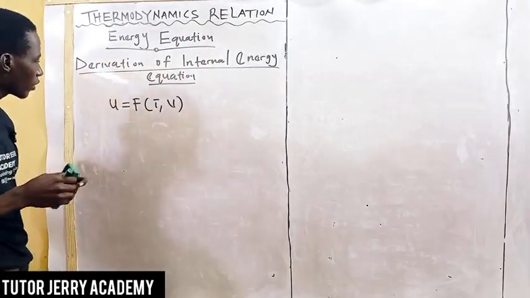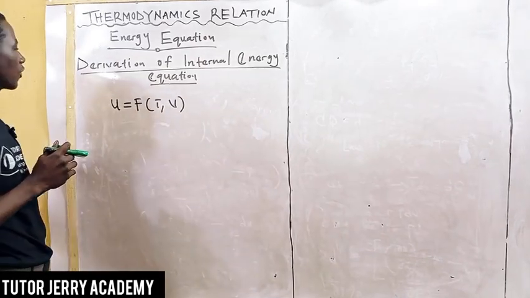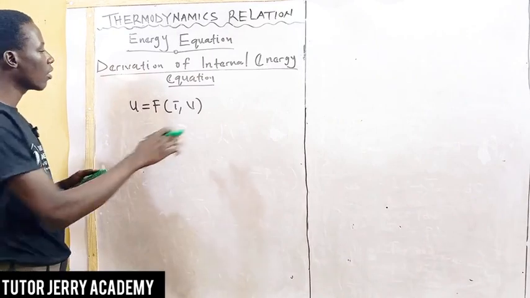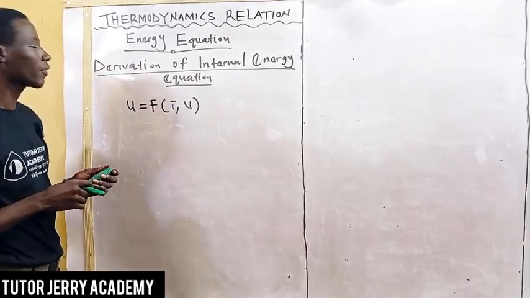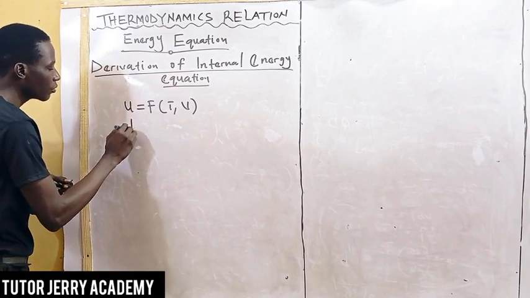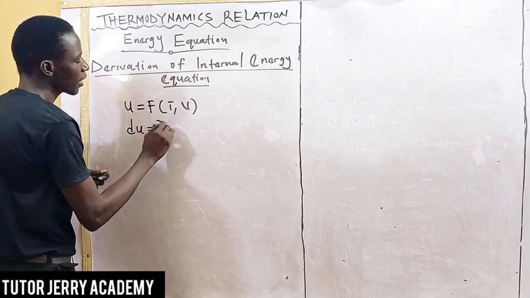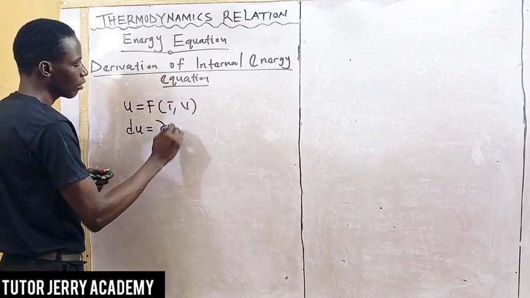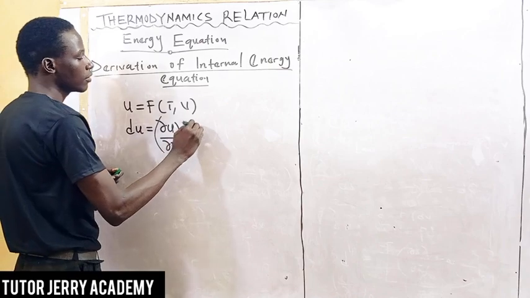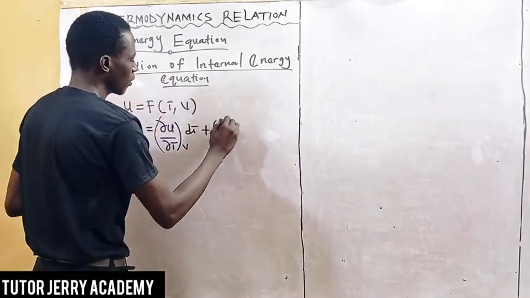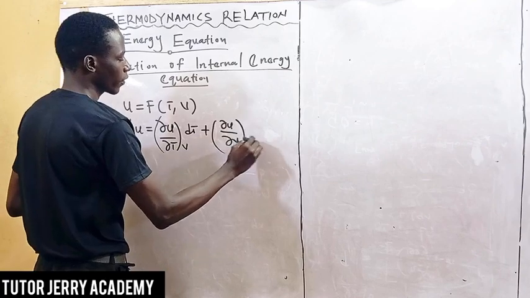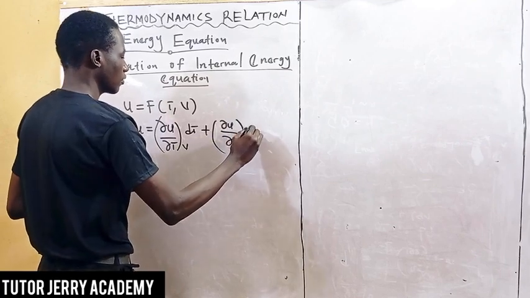Now what we are going to do next is, from our previous video, if you have watched it, we made some emphasis on the fundamentals of partial differentiation. So from this relation, we can say that dU is equal to the partial derivative of U over the partial derivative of T, keeping V constant, dT, plus the partial derivative of U over the partial derivative of V, keeping T constant, dV.